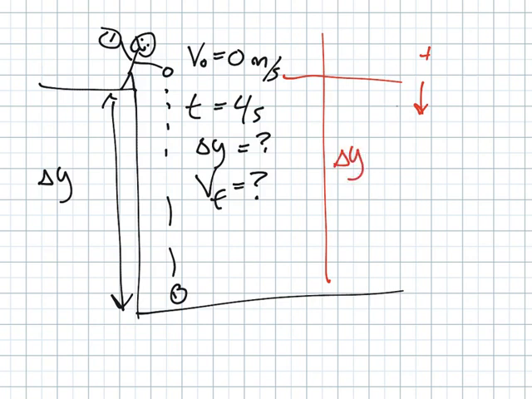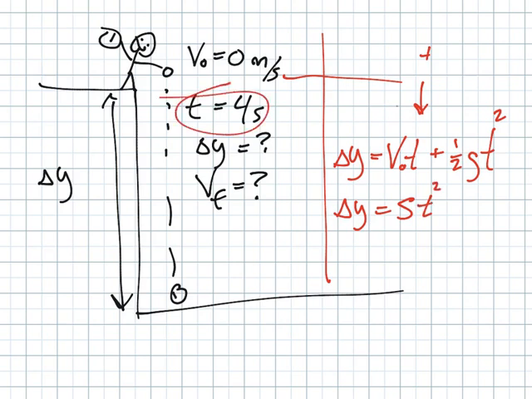Delta y is equal to V naught times t plus 1/2 g t squared. You've released it from rest, so once again, that V naught is equal to 0, and 0 times t is 0. Right? So then, again, this turns into delta y is equal to half of 10 is 5 times t squared. So we can solve this directly by putting in the value of t.